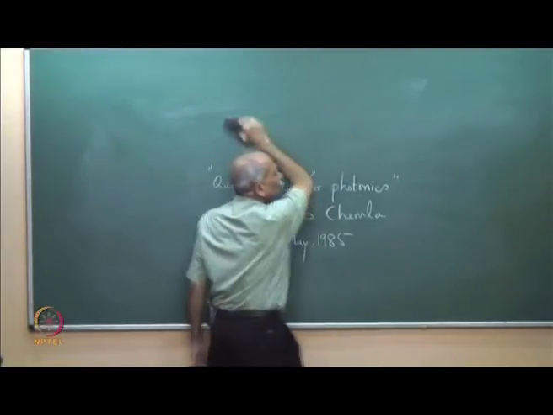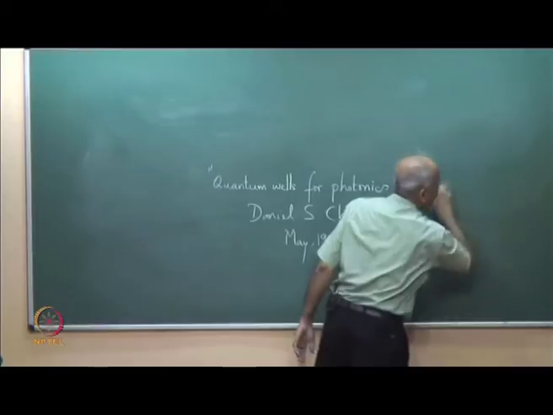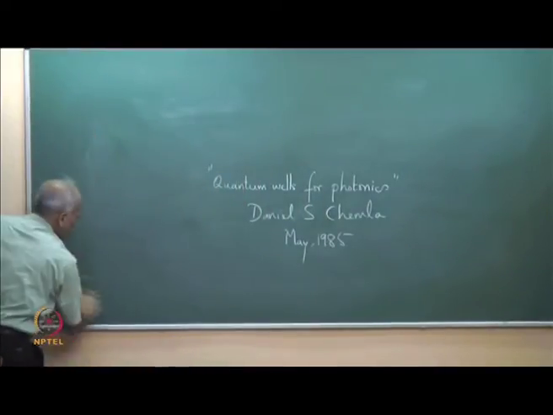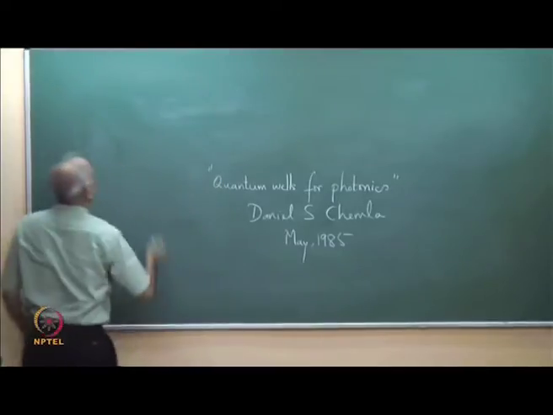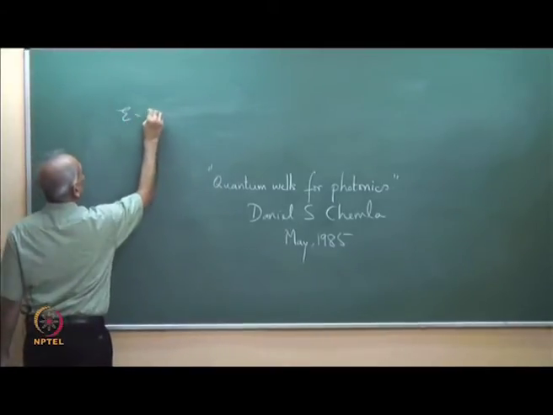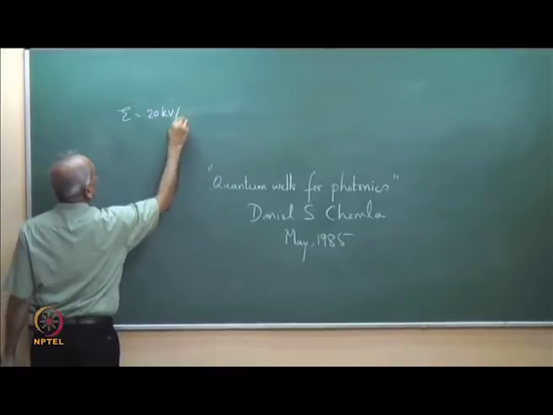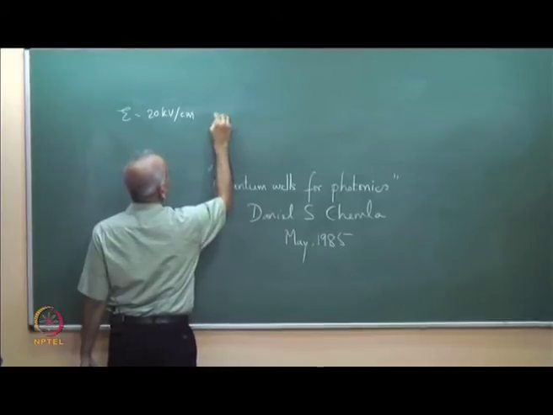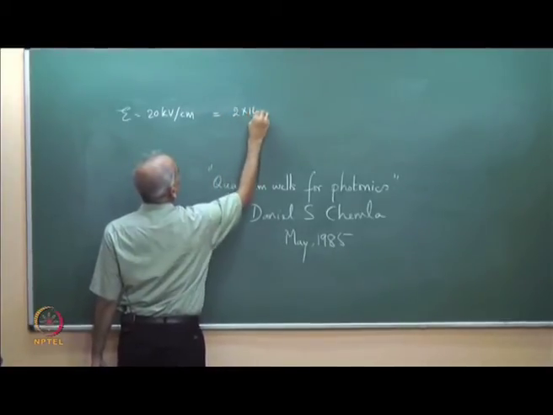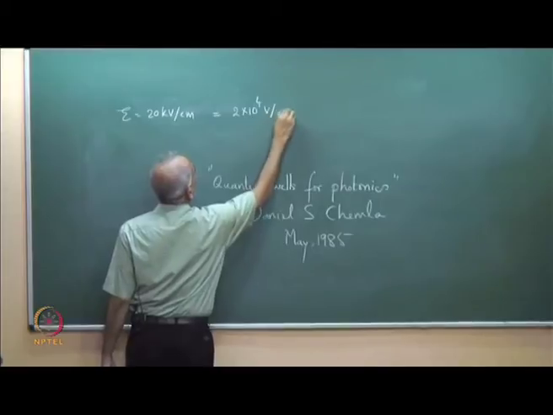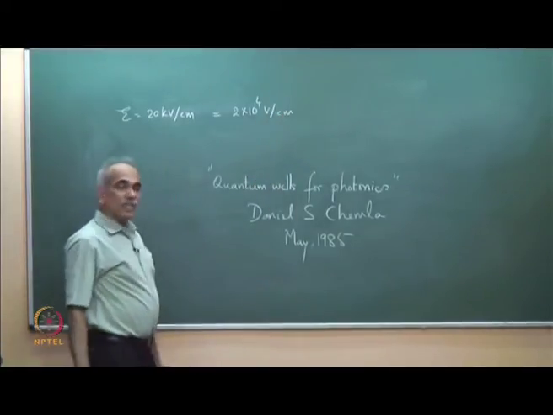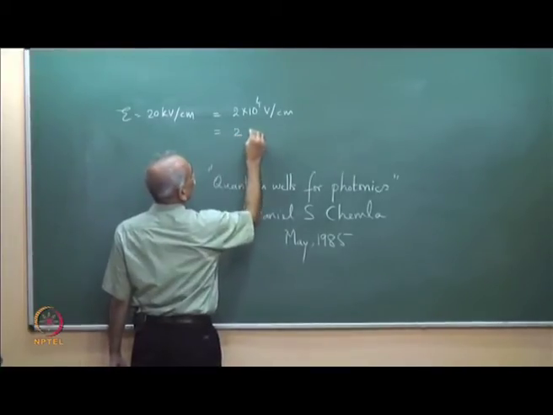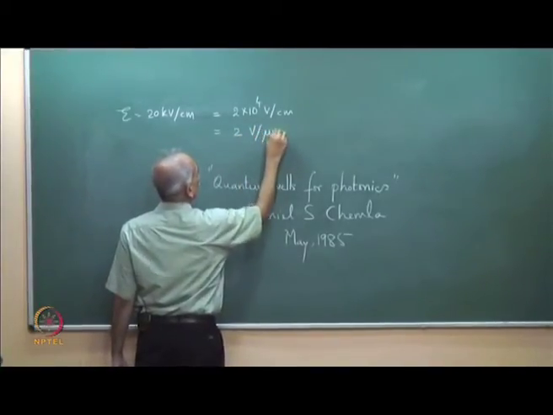So, the question is how to apply a large electric field like 10 to the power of 5 volt per centimeter or 20 kilovolt per centimeter. E equal to 20 kilovolt per centimeter is 2 times 10 to the power of 4 volt per centimeter, and 1 centimeter is 10 to the power of 4 microns. So that is equal to 2 volt per micrometer.